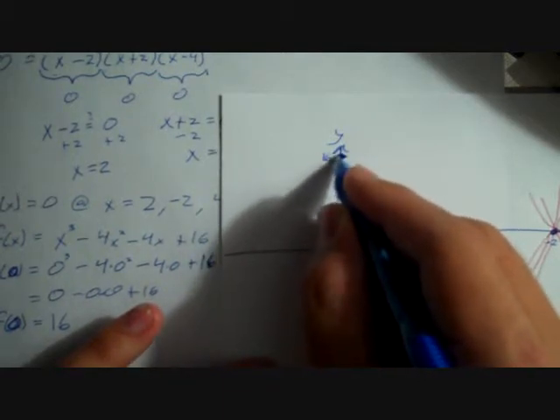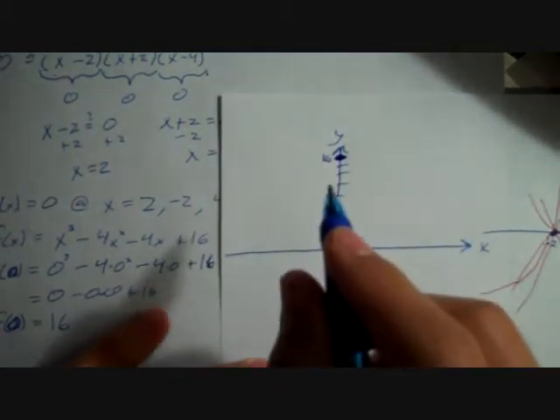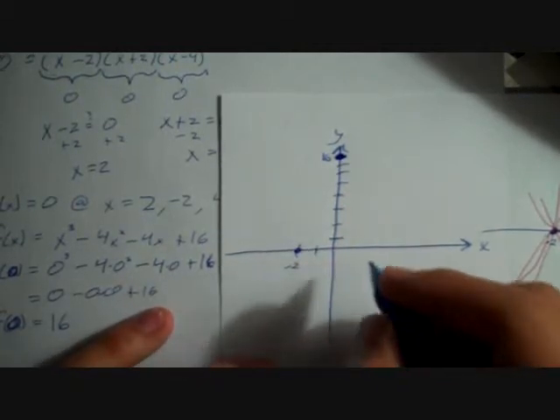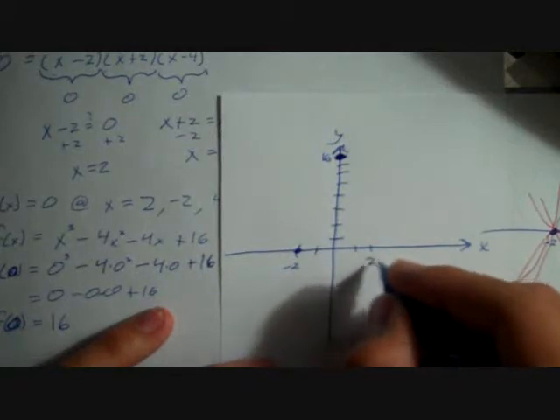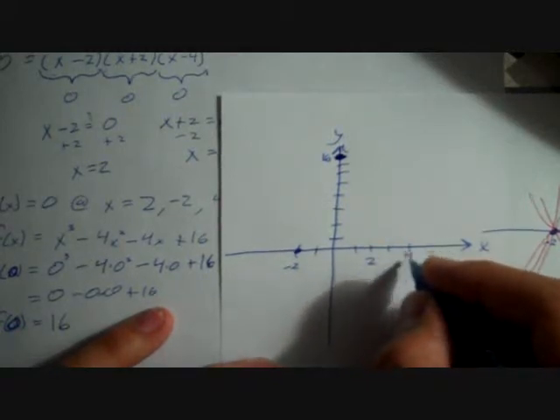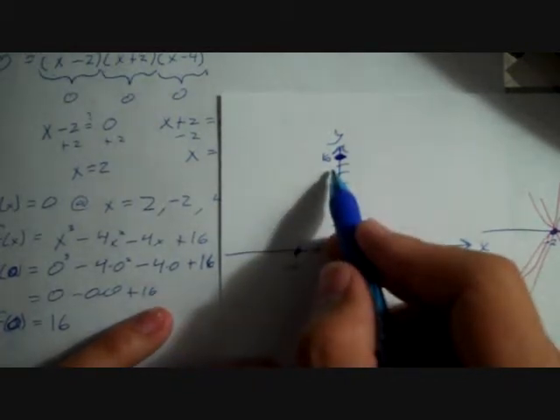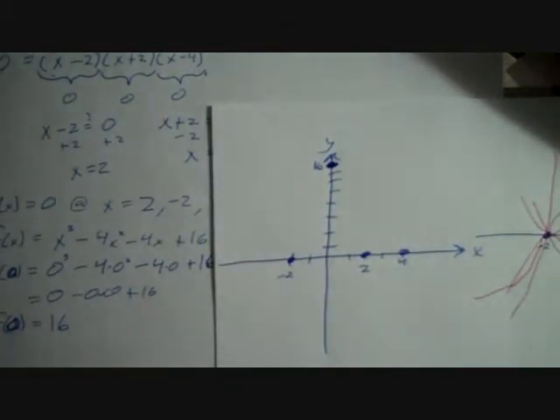And the curve will cross our y-axis there. And we also remember that it'll cross the x-axis at negative 2, at 2, and at 4. Here, here, here, and there. So that's basically how you do finding the roots of a polynomial.